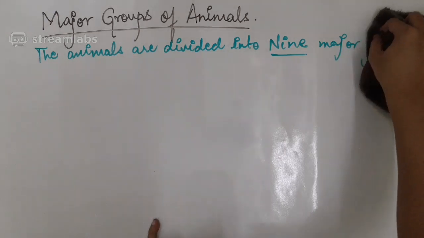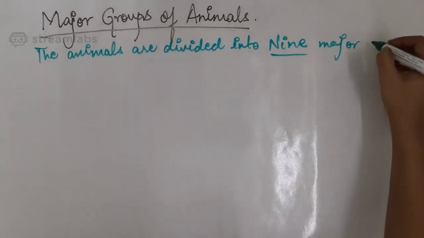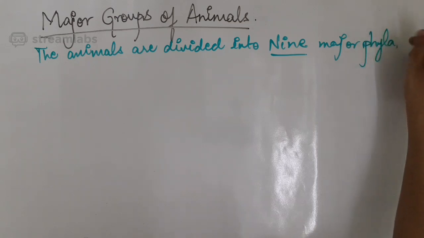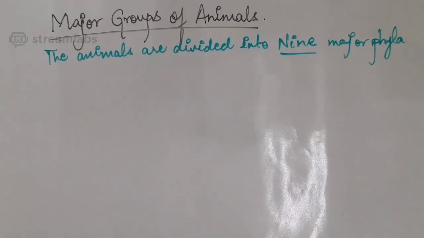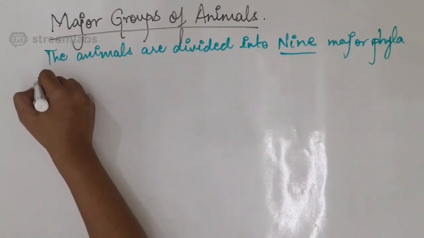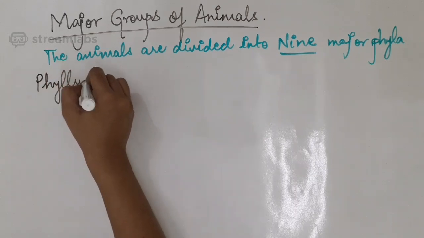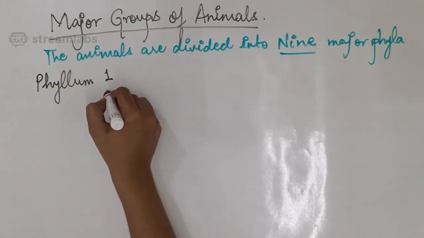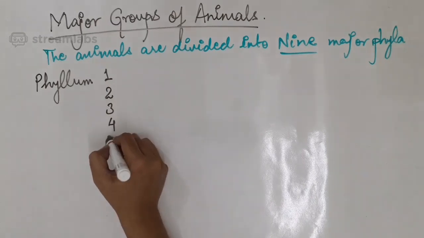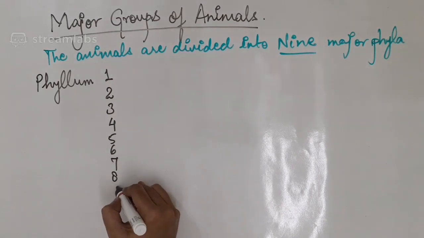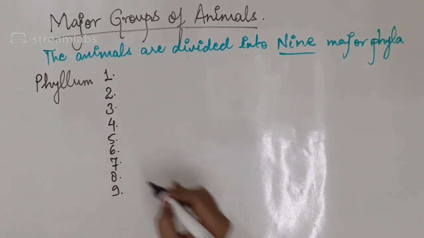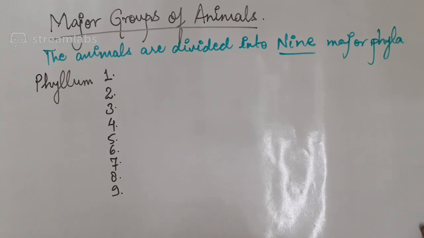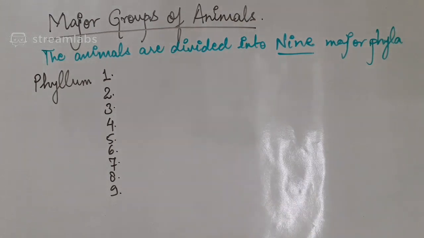You can write it as the phyla. Phyla is the plural form of phylum. Here we will be studying the phylum. Phylum 1, 2, 3, 4, 5, 6, 7, 8, 9. Starting from the first phylum till the 9th phylum.